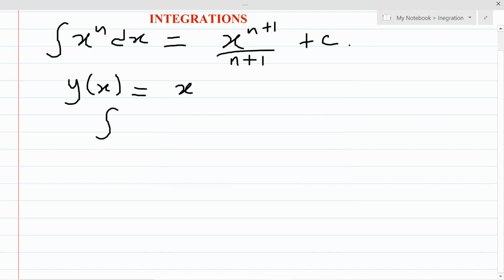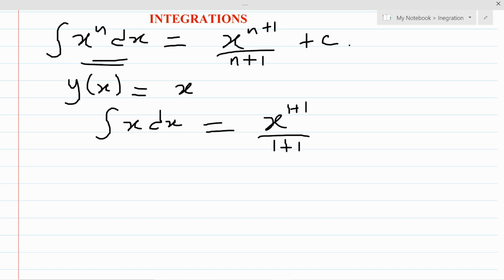The integral of x dx, so it's like picking the function and putting it here, right? Now the power n is what? 1, okay, so it becomes x to the power 1 plus 1 over 1 plus 1, okay, then plus c, and this will give us x squared over 2 plus c, okay. So from the basic definition, this is what integrating x will give you, okay.